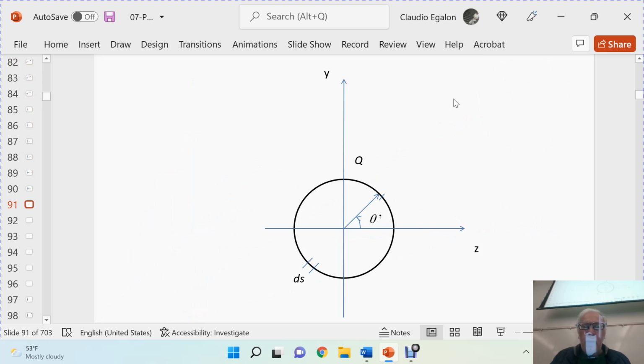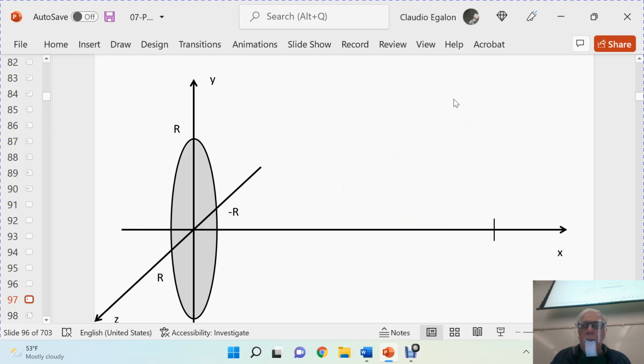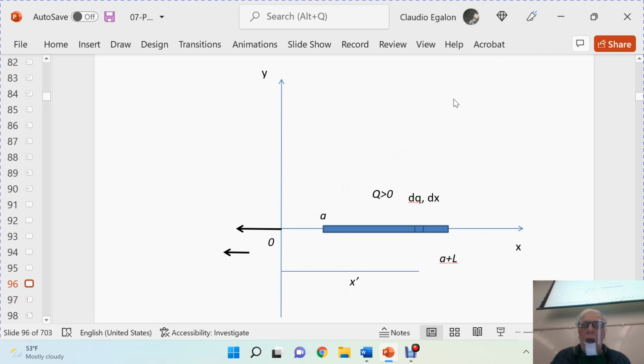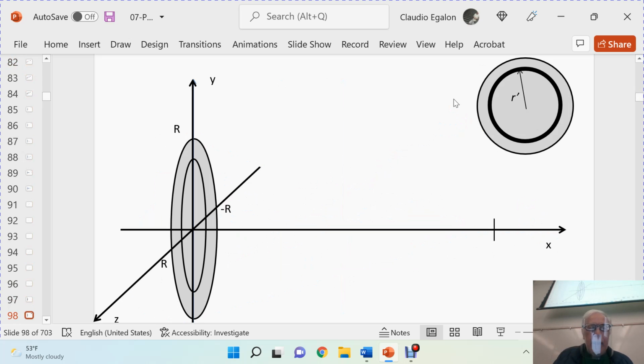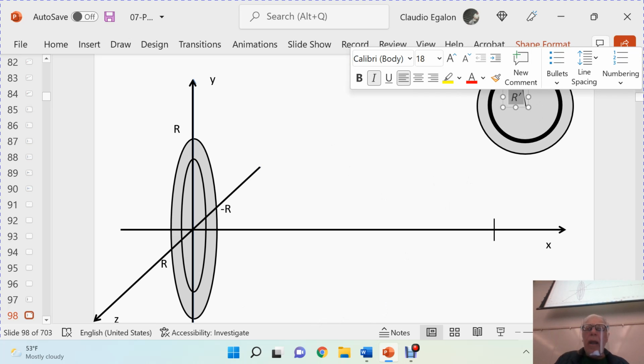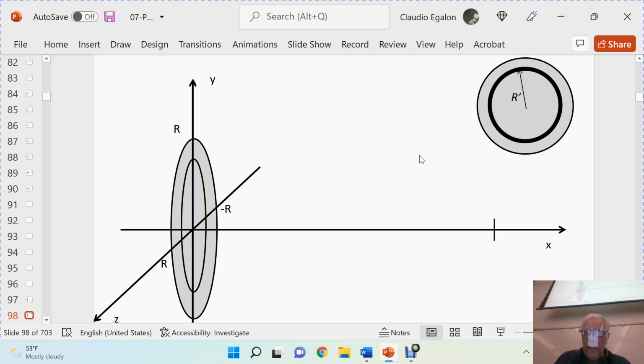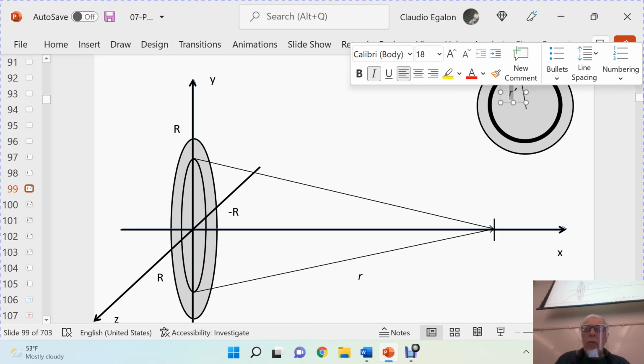So here you go: there is the radius big R, which is the radius of the disk, and then there is the radius of the ring, big R prime, the radius of the infinitesimal ring. This R prime is going to change. So that's a better notation.